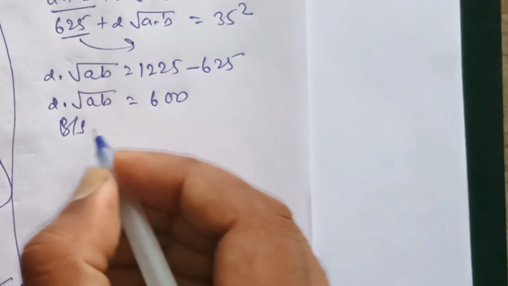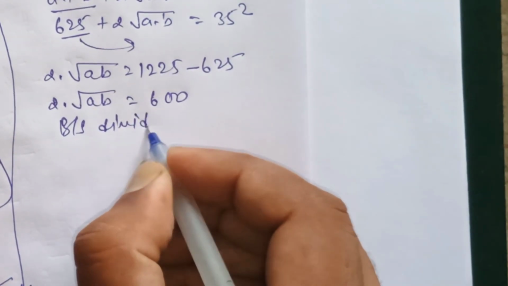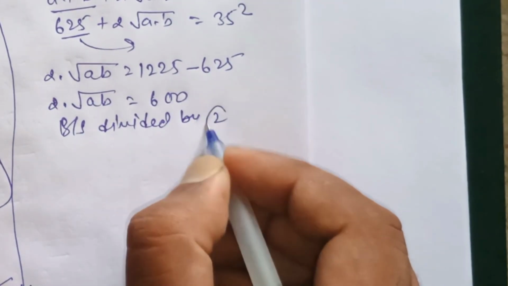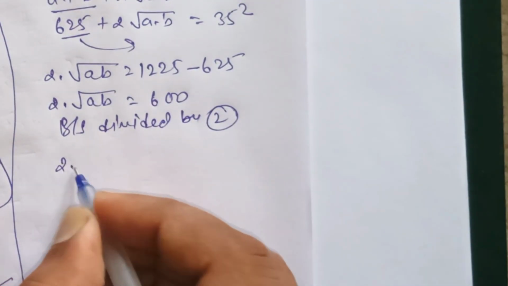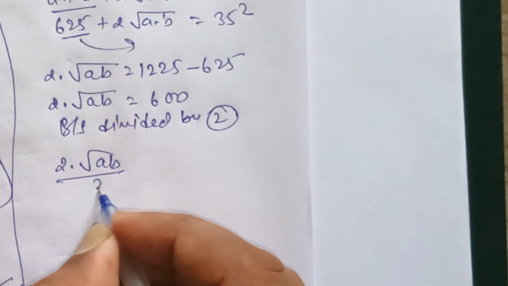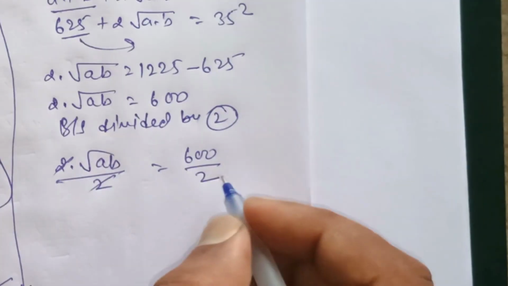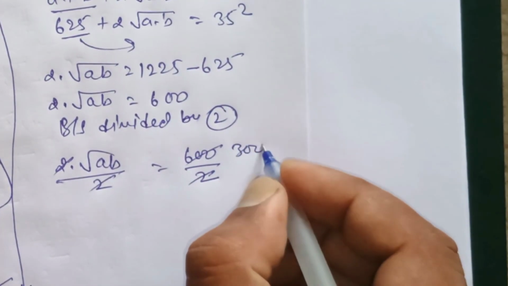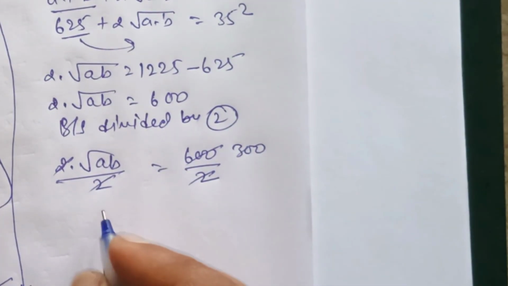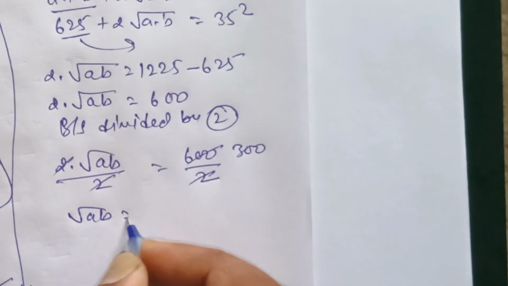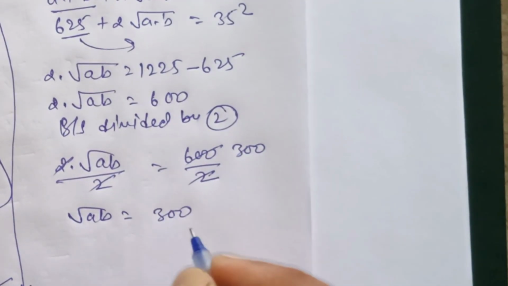Both sides divided by 2: 2 into root under ab divided by 2 is equal to 600 divided by 2. The 2s cancel, giving 300. Therefore root under ab is equal to 300.